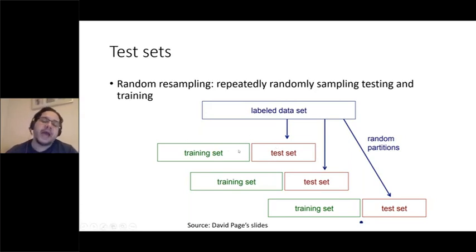We do it again with the same hyperparameters, but with a different portion of training and testing, selected randomly as random partitions. And we see if the testing results are similar across all the different partitions. This is just to make sure that the hyperparameters that we are choosing are consistent over different portions of the data set.